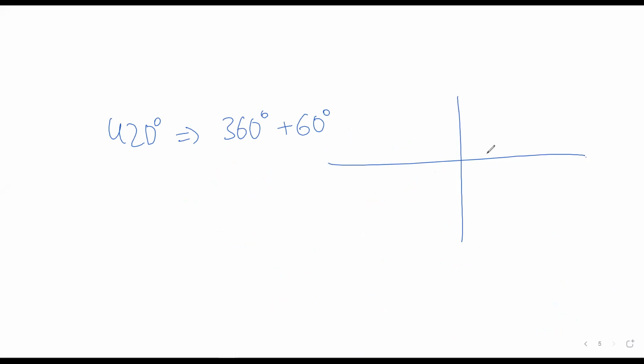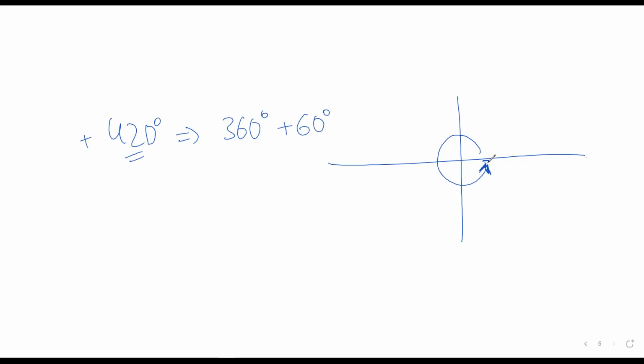So for example, what is 420 degree? All that 420 degree implies is that I take 360 and I take one round more and I complete 60 degrees. Because it is positive, I'll be going in the anti-clockwise direction.